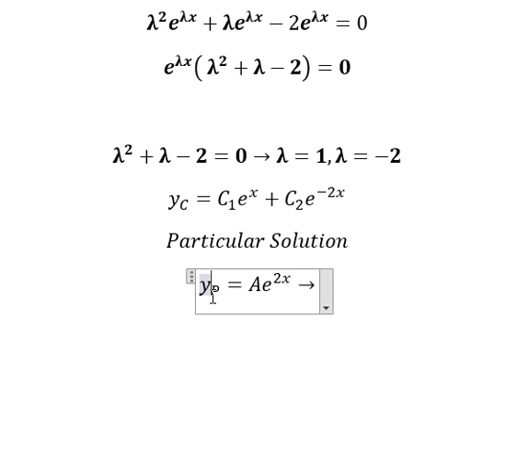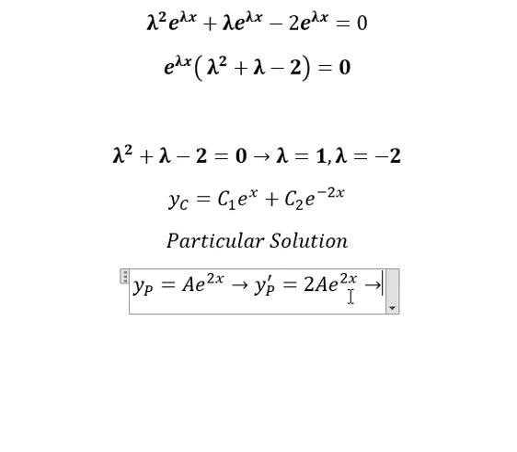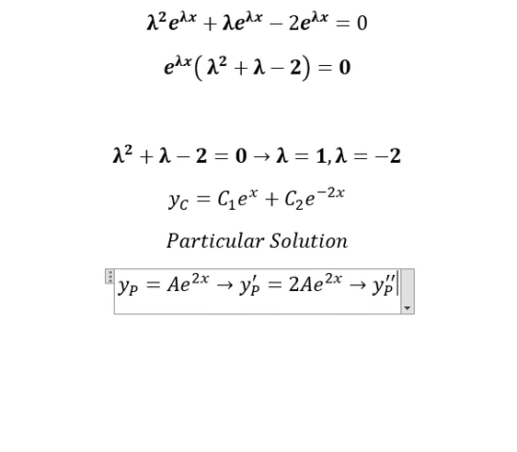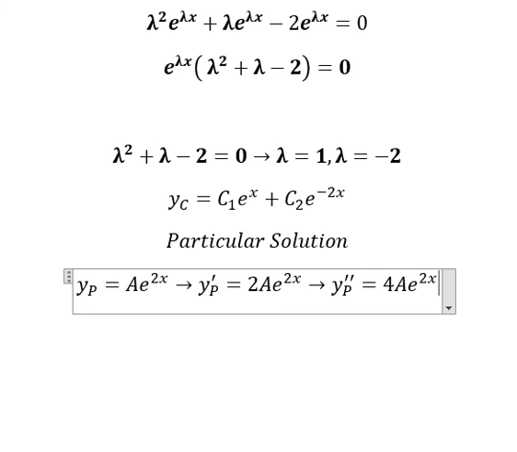Now if we do the first derivative of this one, we have 2a e to the power of 2s. Now if we do the second derivative of this one, we have 4a e to the power of 2s.